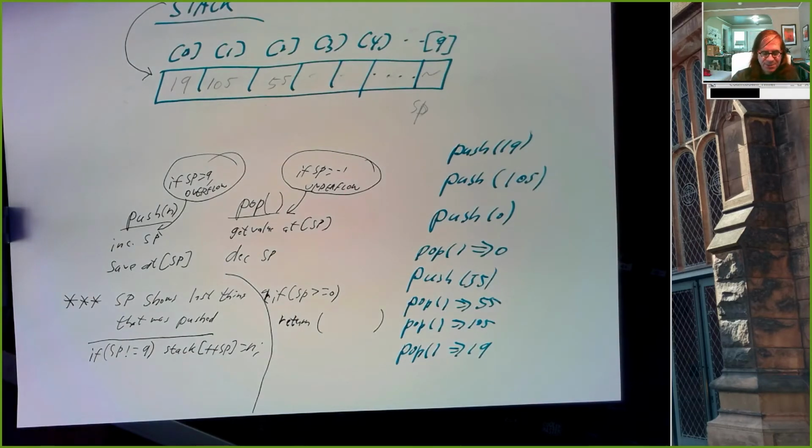Ampersand SP would give us the address of the stack pointer, but stack pointer is just a plain old int. But we're getting closer. There we go.